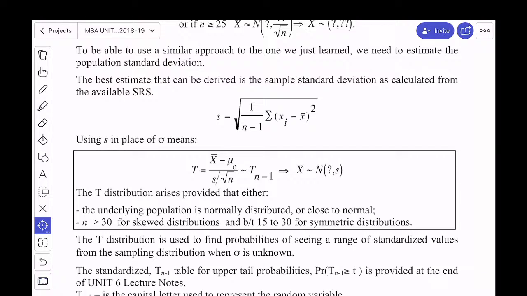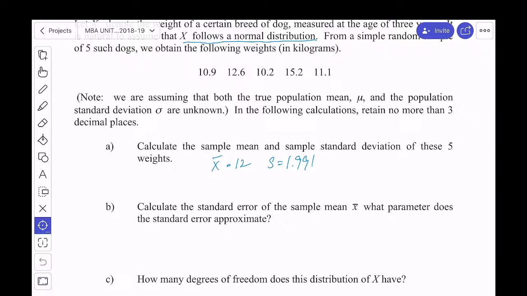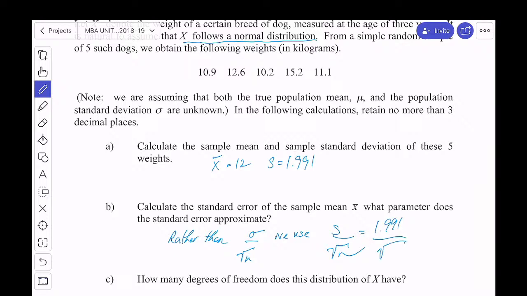So don't let the symbols intimidate you. Basically, I'm going to do the same thing, but where the standard error is, rather than sigma over root n, because we don't have it, we use s over root n as the standard error. So s over root n is 1.991 over the square root of 5.